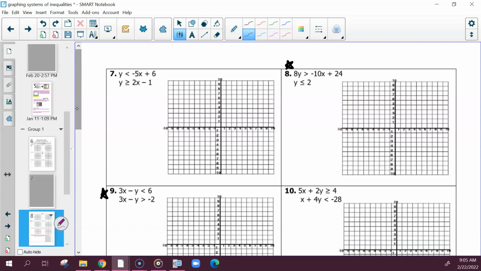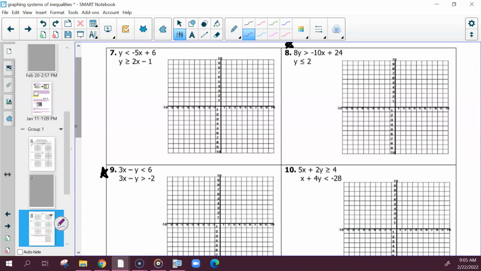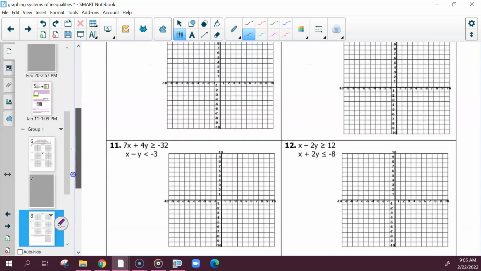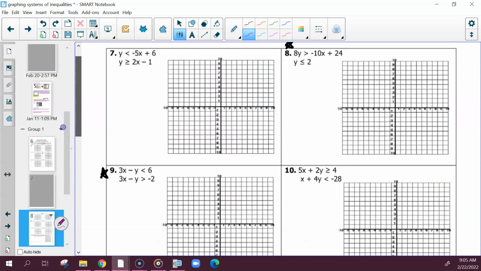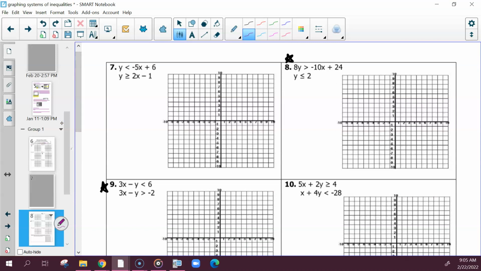So we're going to do a couple of these together. We're going to do number 8 and number 9, and then we'll go back to the second page.